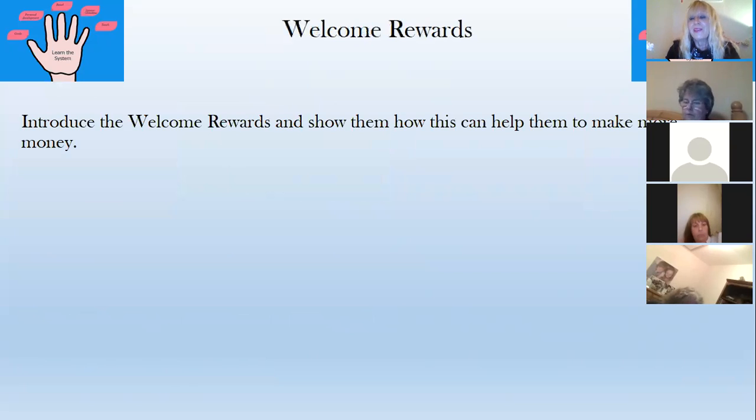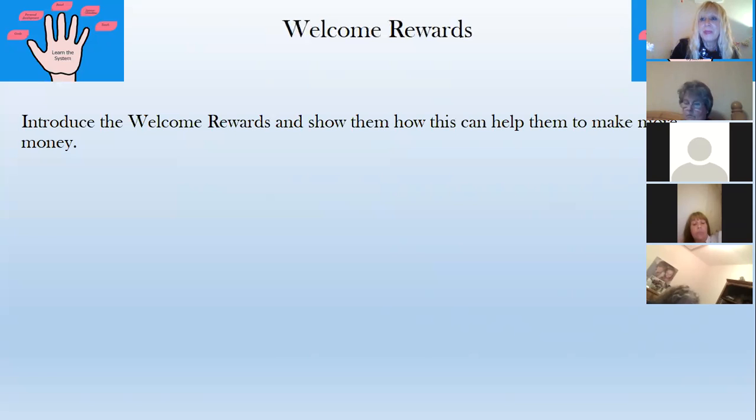And then introduce them to the welcome rewards and explain to them how the welcome rewards can make them extra money. It's going to give them an additional opportunity to get an additional 250 free books. 50 when they hit 150, another when they hit 600 in the first 30 days, and another 100 when they hit another 600 turnover in the next 30 days.